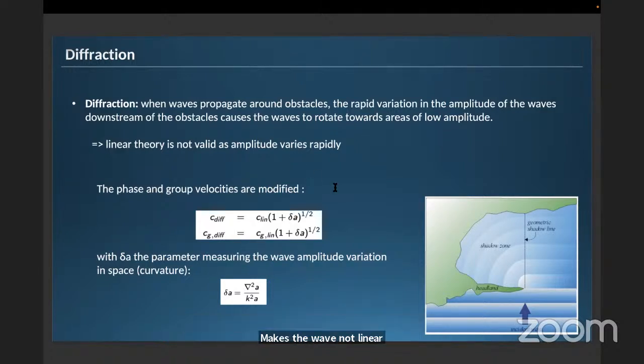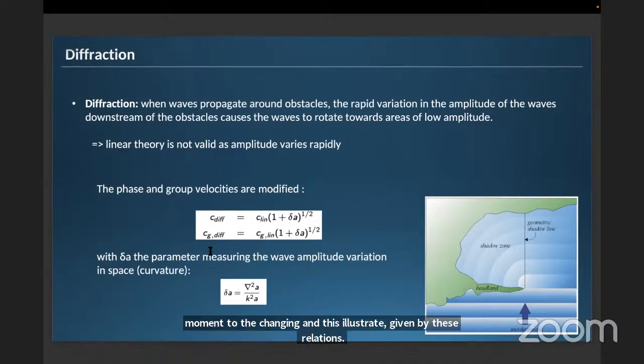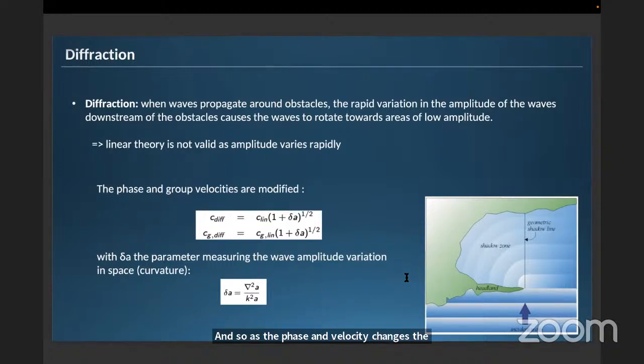And so there is a change also in phase and group velocities that is associated at that moment to the change in amplitude of the waves, and is illustrated by these relations. And as the phase and group velocity change, the waves are turning. So this is a typical diffraction effect.